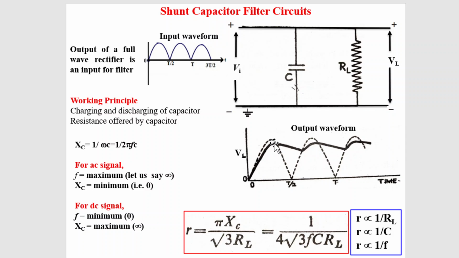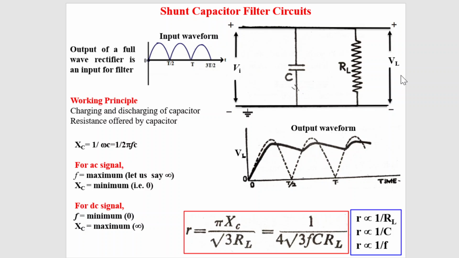Now when the input signal decreases from maximum to 0, what will happen? This capacitor will try to maintain a constant voltage. It will try to maintain a constant current and consequently a constant voltage across the load resistance.